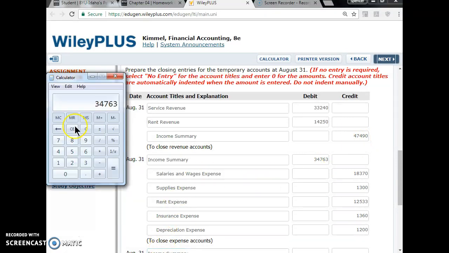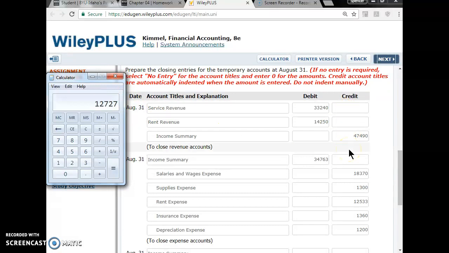So we're going to take 47,490 and subtract 34,763. And that equals 12,727. So that is our income balance.